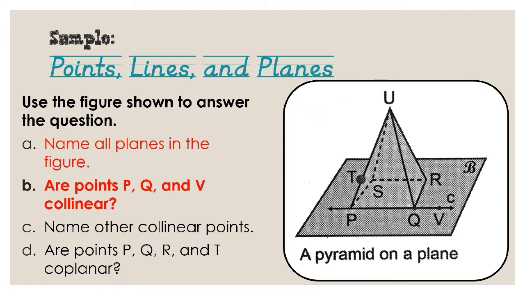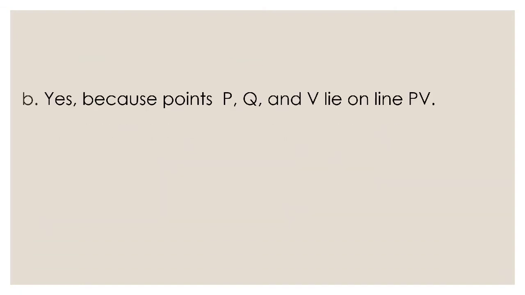Okay, there they are. Do they lie on the same line? Yes, they are on the same line. So our answer is yes, because points P, Q, and V lie on line PV.